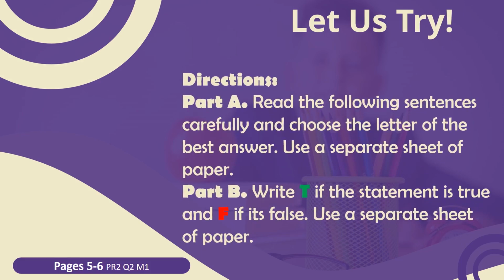Part A. Read the following sentences carefully and choose the letter of the best answer. Use a separate sheet of paper. For Part B, write T if the statement is true and F if it's false. Use a separate sheet of paper.